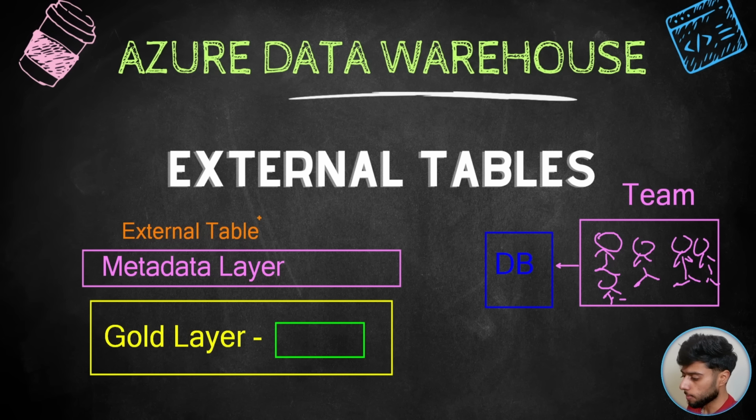This external table will be registered in this database. Oh wow, so this is the table. Now they can use this data through this table, which is nothing but a metadata layer on top of this gold layer, that means our data lake. Understood? Makes sense? That is the concept of external tables in Azure Synapse Analytics.